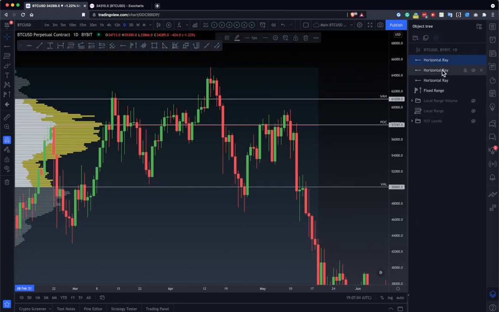Okay, this is our range high, or let's call it higher range volume.